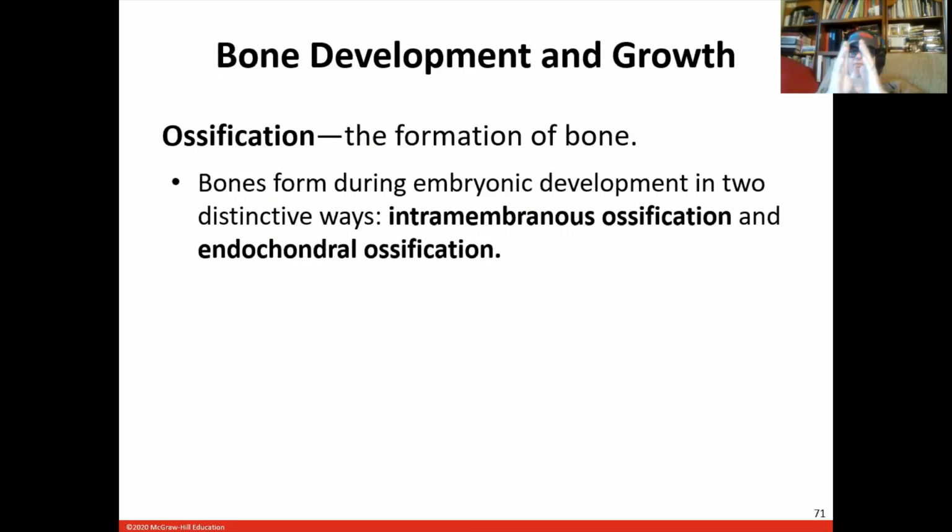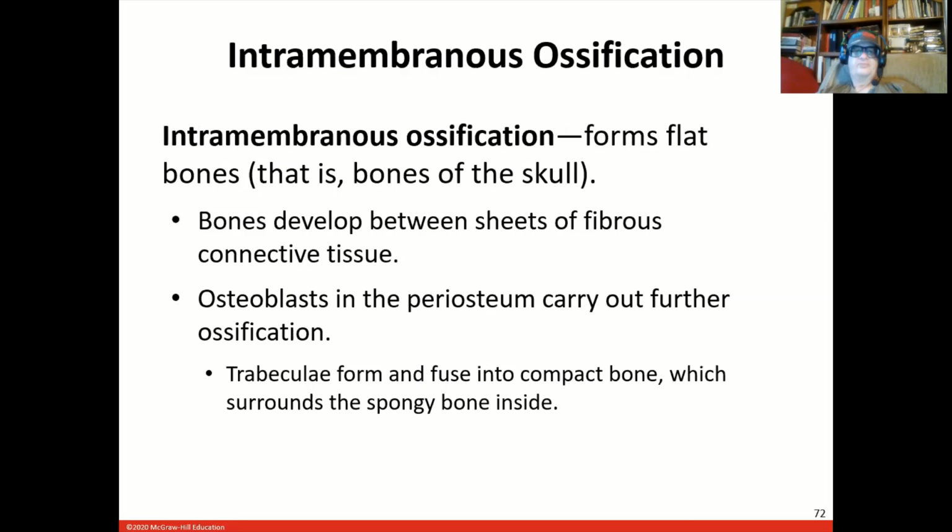You can make the bone thicker, thicker, thicker by adding from the sides because you have the periosteum around it. And the periosteum is actually what your tendons attach to. Anyway, we'll move on. So intramembranous bone forms the flat bones, like the bones of the skull. You have these sheets of membrane that contain the fibrous connective tissue and osteoblasts that will build the bone, okay?